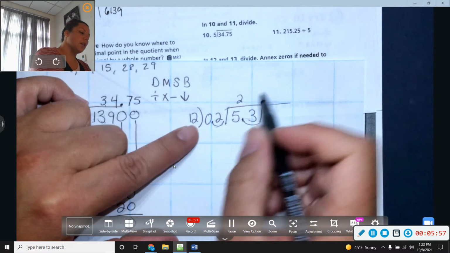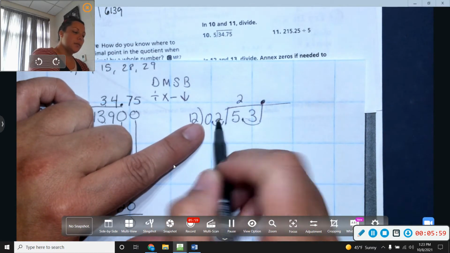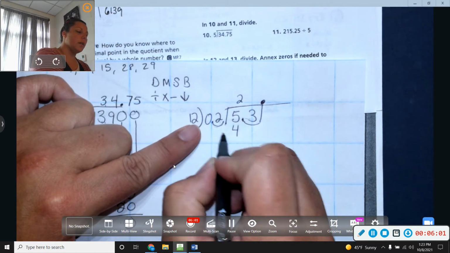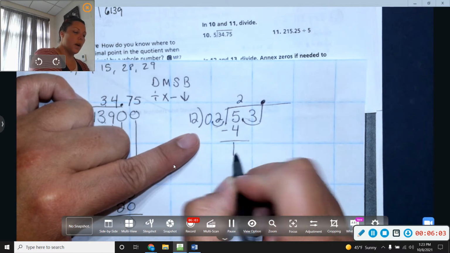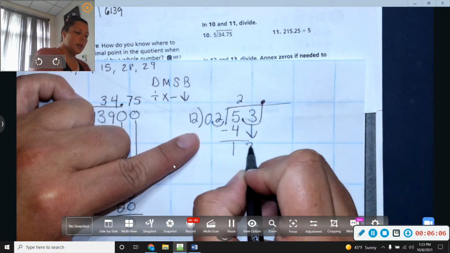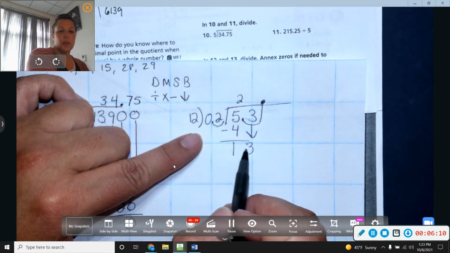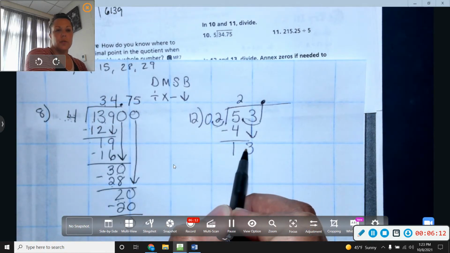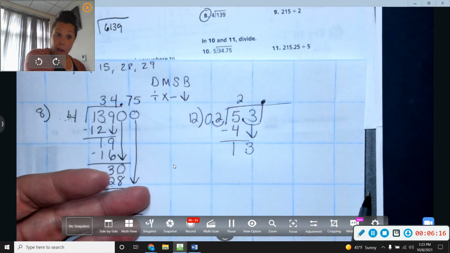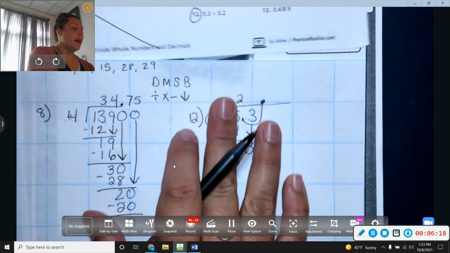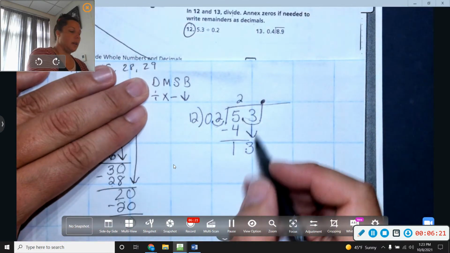So it goes in there twice. 2 times 2 is 4, and I subtract, and I have 1. I bring my 3 down. 2 goes into 13. Well, if I count 2, 4, 6, 8, 10, 12, I've done that 6 times. Okay?